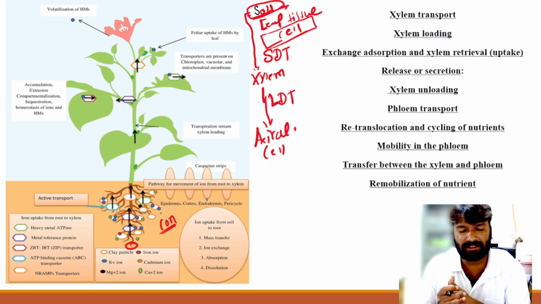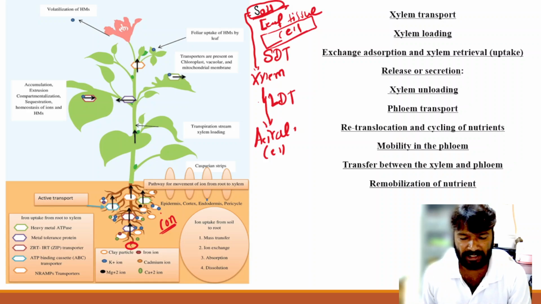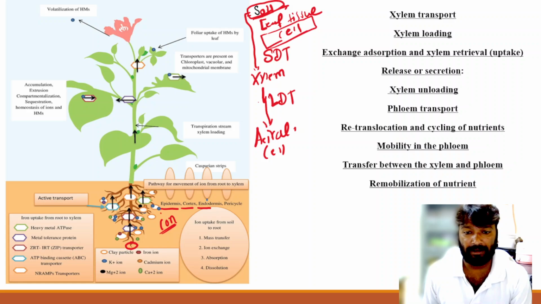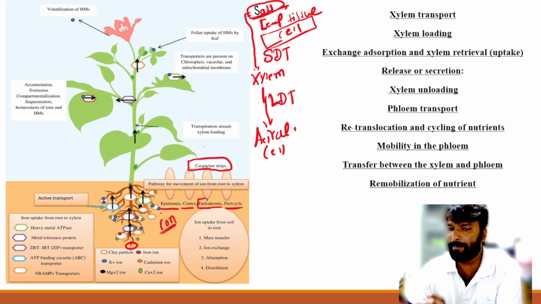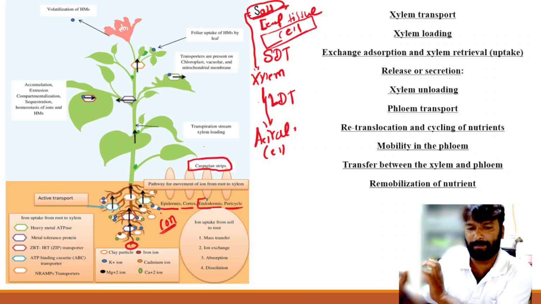Then we discussed how the nutrients move from the cell wall to the epidermis, cortex, endodermis and the pericycle, and also that in the endodermis there are Casparian strips which block the apoplasmic transport pathway.